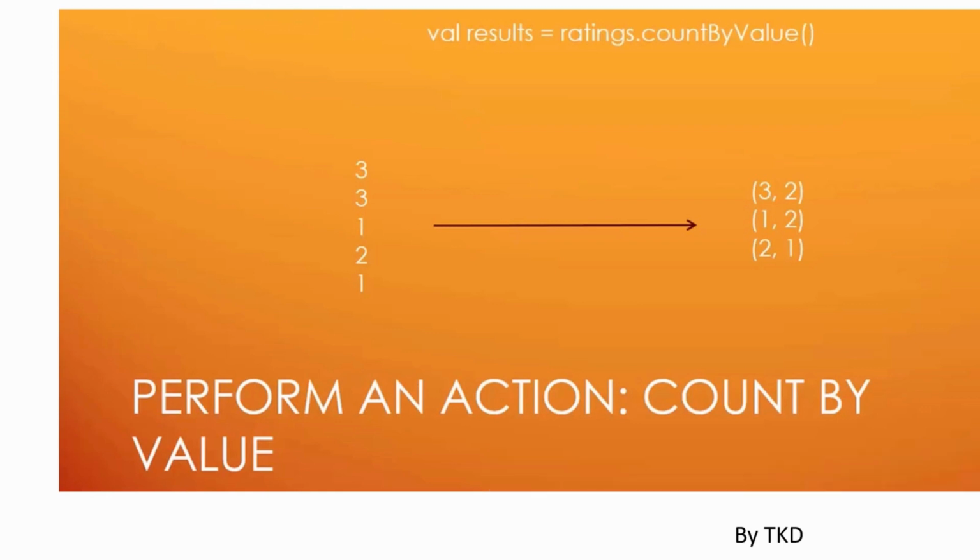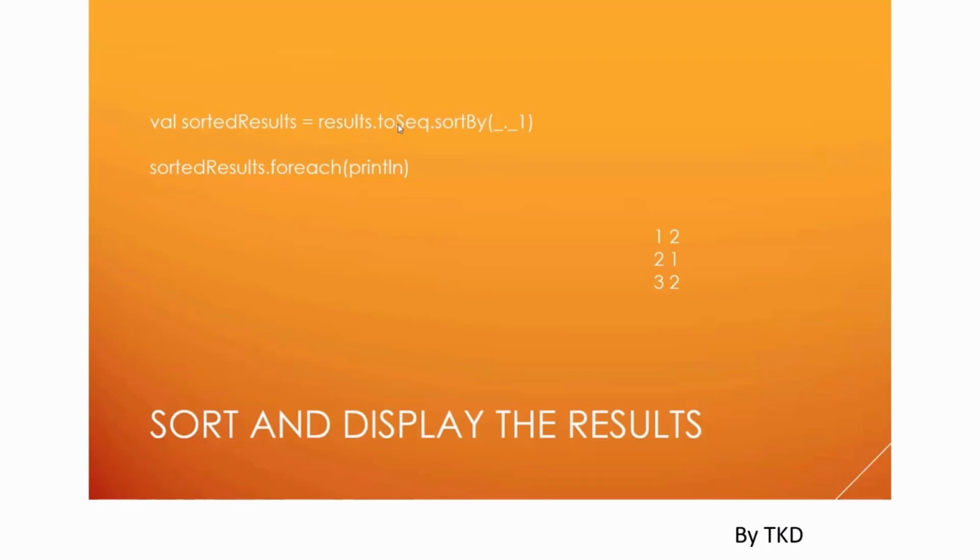So the way we are going to do that is to convert our result map to a sequence, something we can actually sort, and we are going to sort it by the first field, the actual rating value.